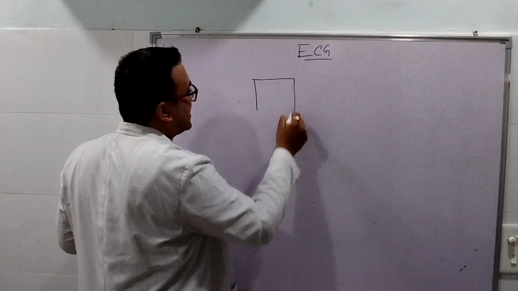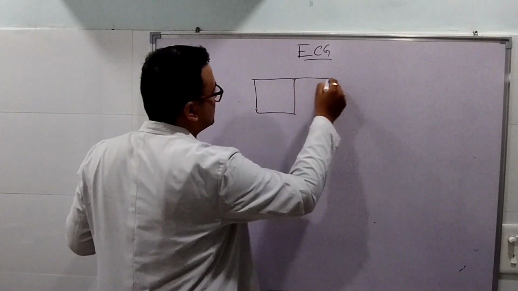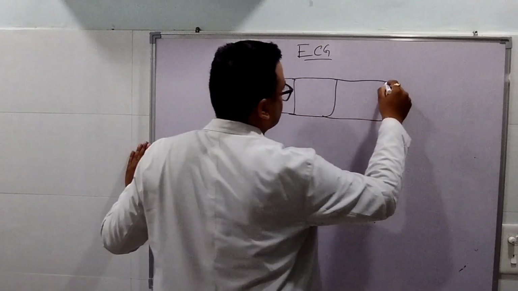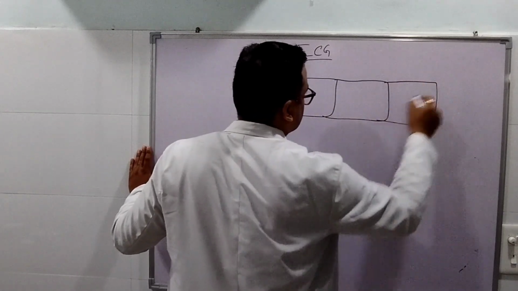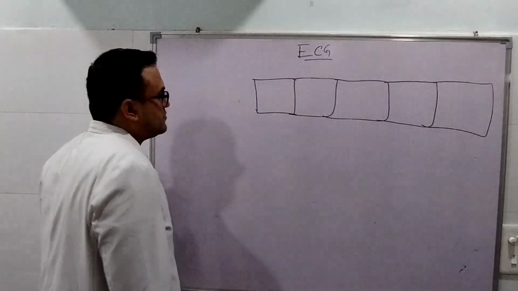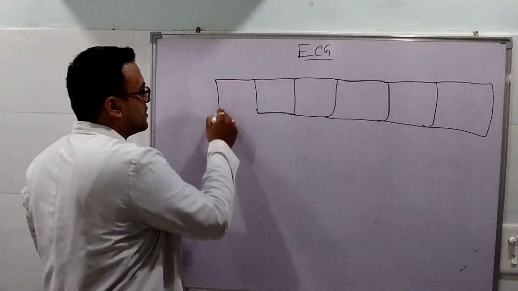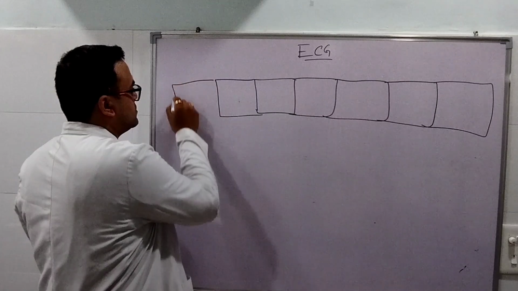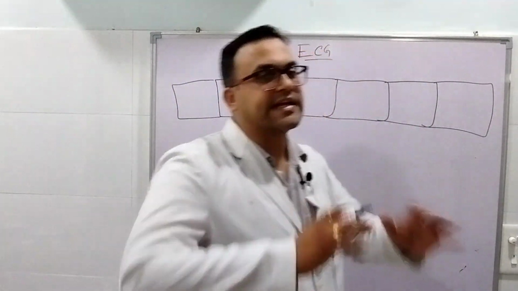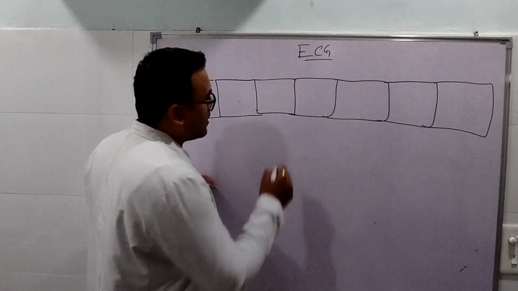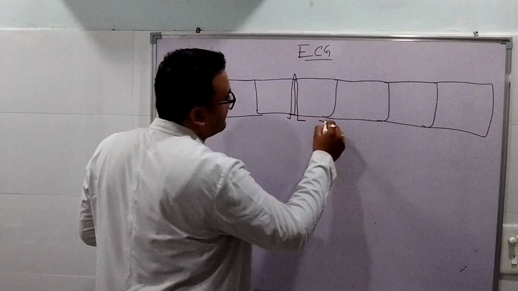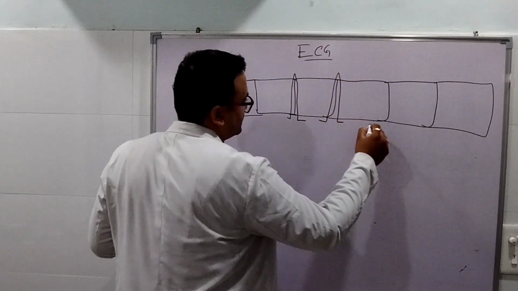Now I am making the large boxes, only the large boxes. Now suppose we are getting a QRS complex in every large box.